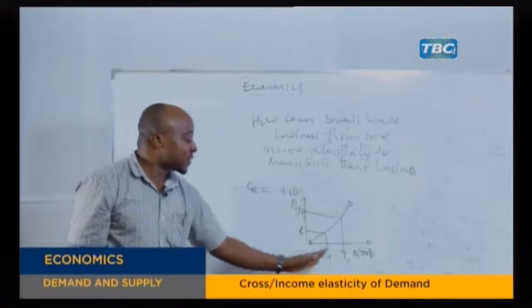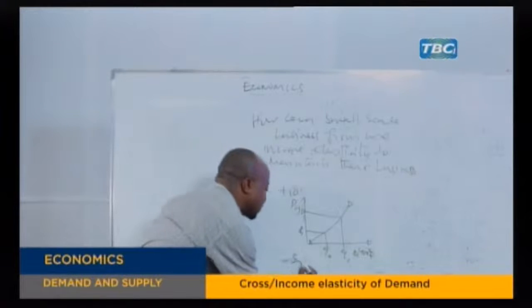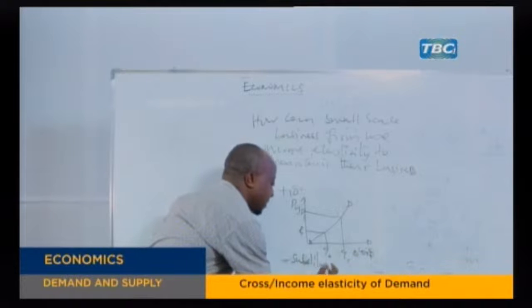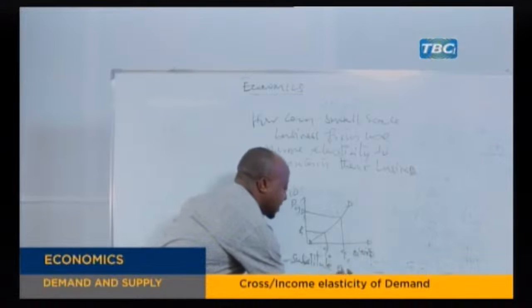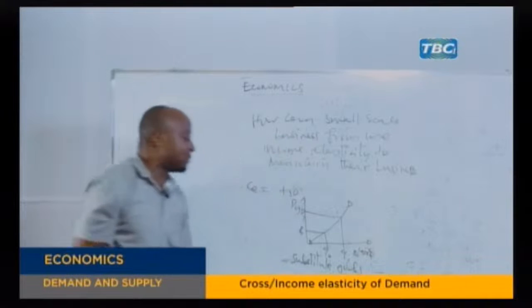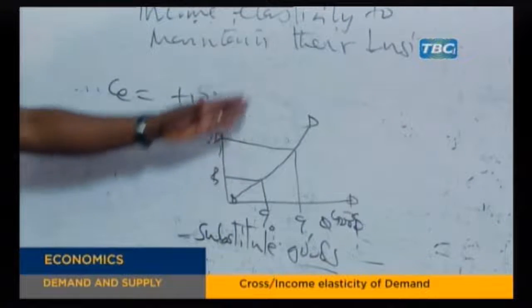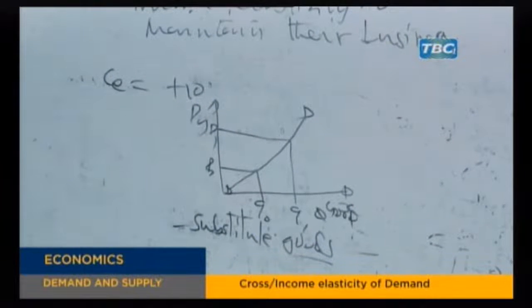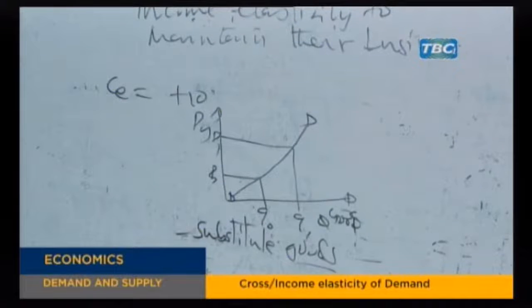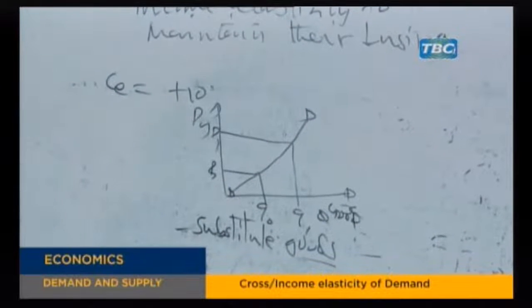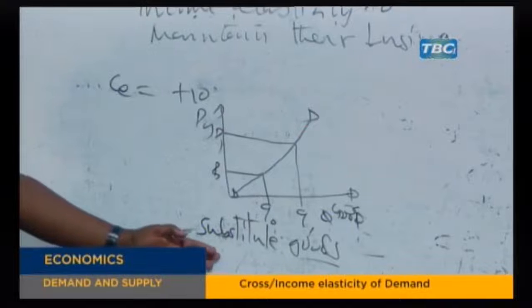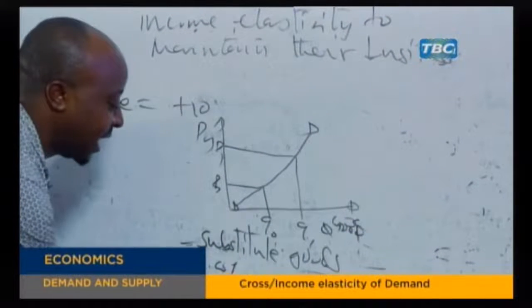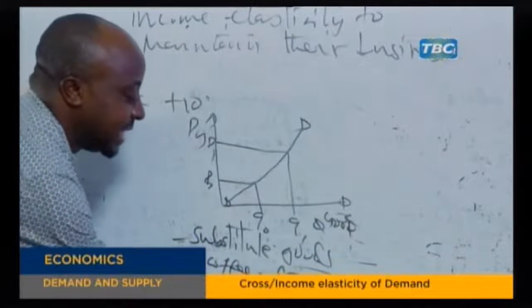And we said the nature of these two goods is that they are always substitute goods. So it is only substitute goods which can have this nature of demand curve. Because for substitute goods, as the price of one good increases, we expect the quantity of the other good to increase. We gave an example of goods like coffee and tea.